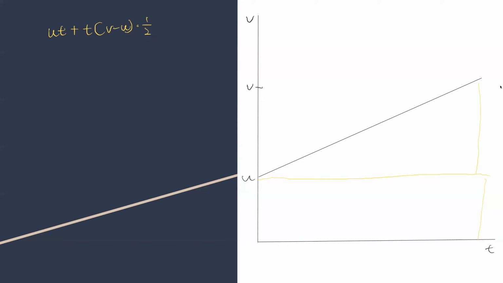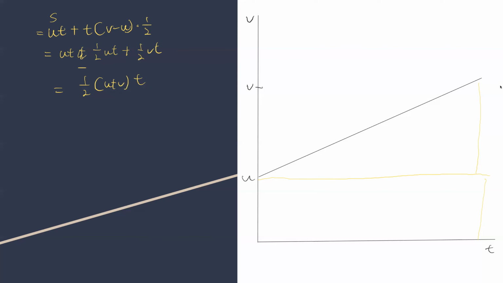If we expand the brackets, this is UT minus half UT plus half VT. So what you have is half (U plus V) T. And this is one of the Suvat equations, actually.